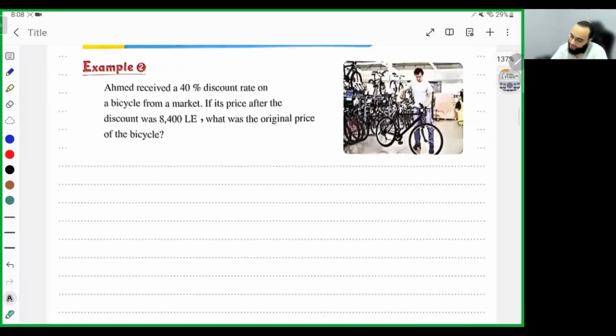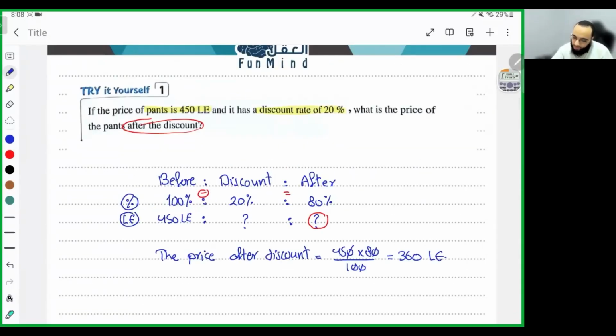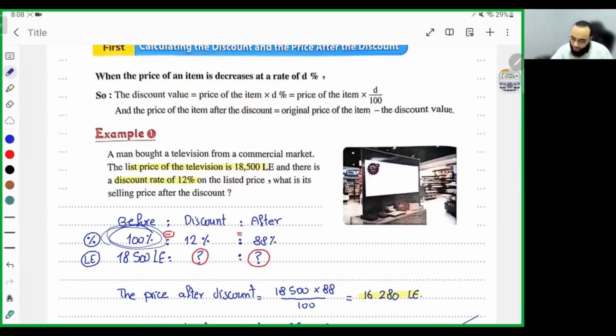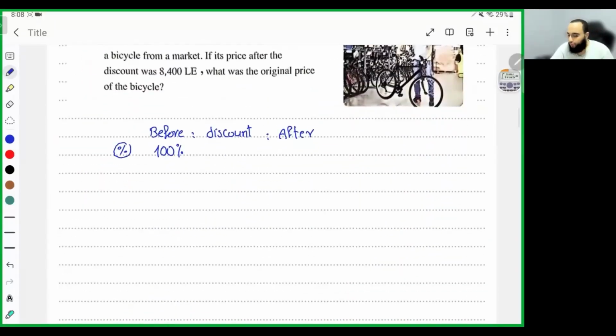Before the discount, the discount itself, and after the discount. The first line is for the percentage. The price before the discount is unknown, but the percentage before is always 100%, like here and like here.